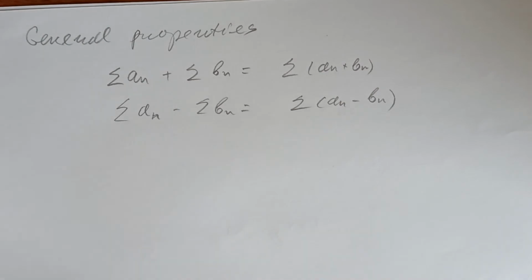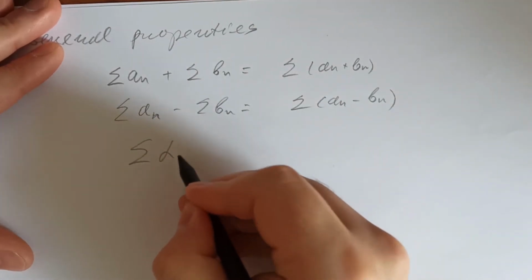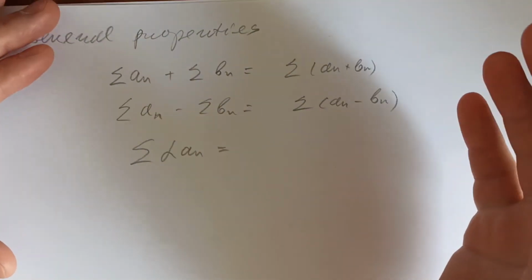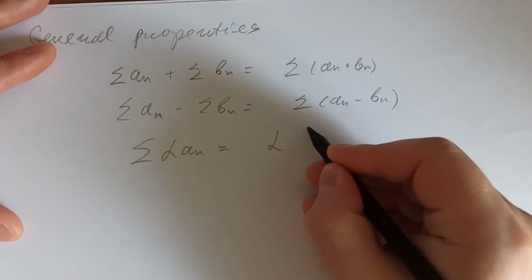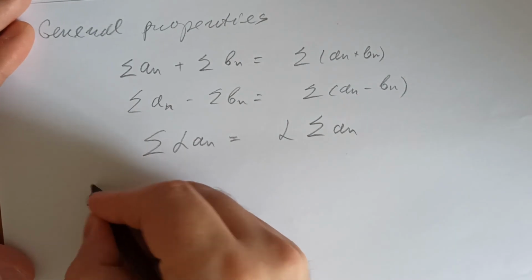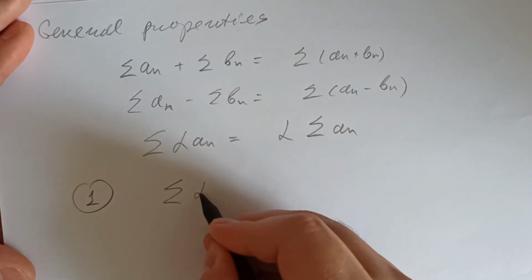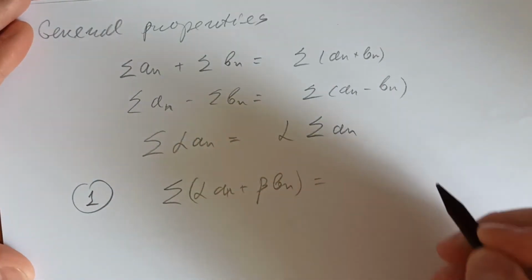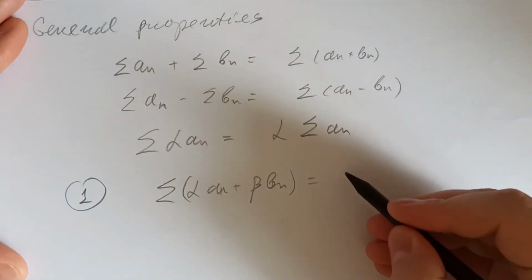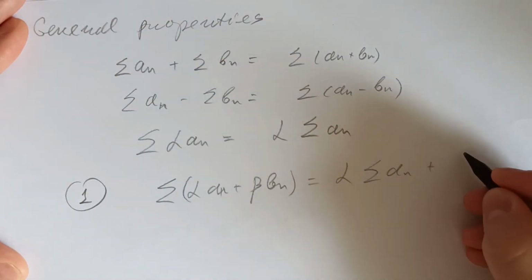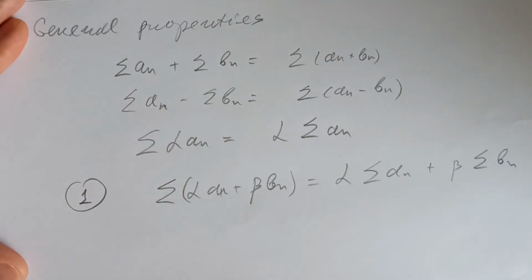Also, if we multiply each element of some series by some number, this is the same as if we multiplied the whole sum by this number. So this is the first property, that the sum of alpha an plus beta bn can be expanded to alpha times the sum an plus beta times the sum bn.